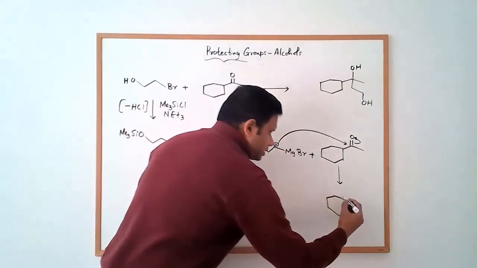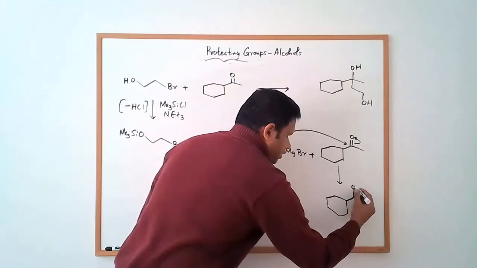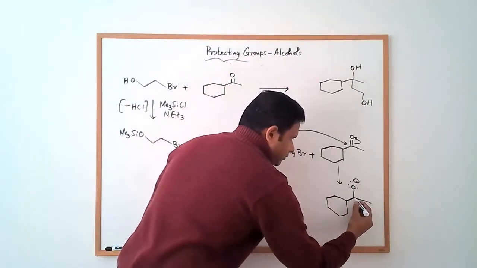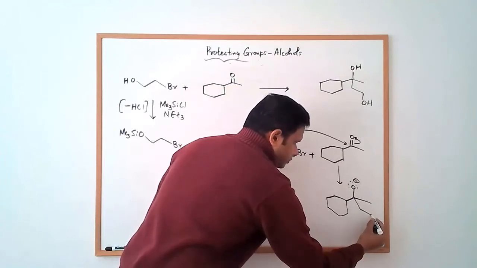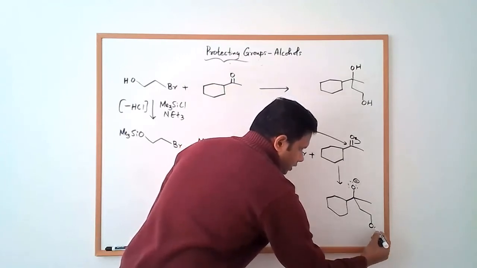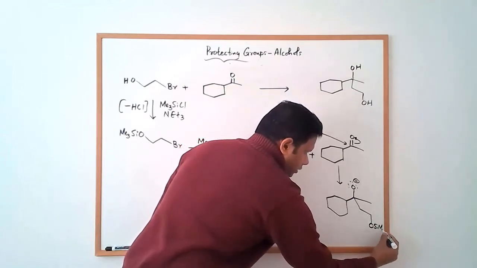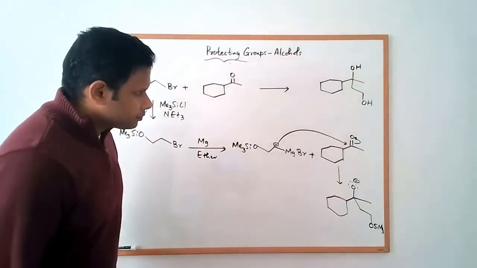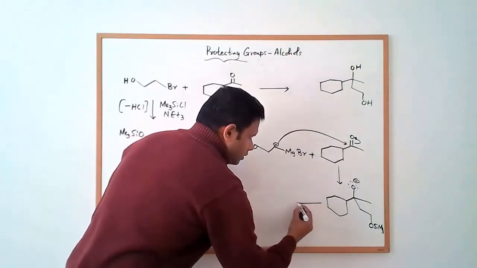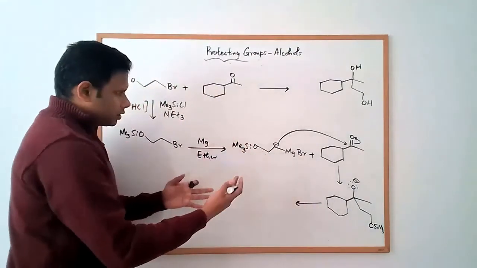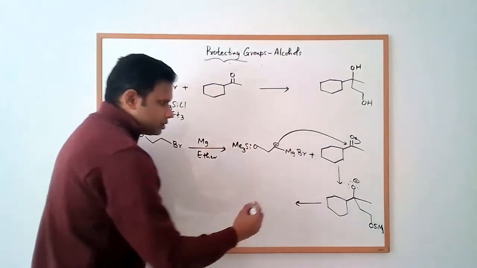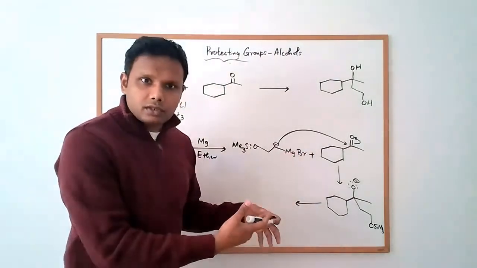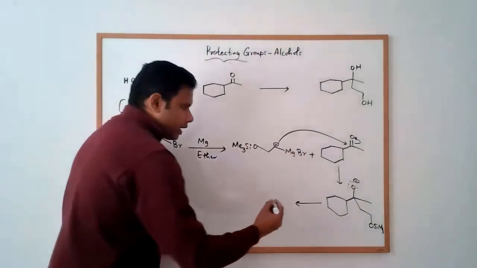And again, these are all steps. So now we will have the O minus, the alkoxide. And over here, we're going to have the OSiMe3, that protecting group. And now the Grignard, so these are all individual steps. As we do in every Grignard reaction, we're going to quench it or do a workup with an acid.